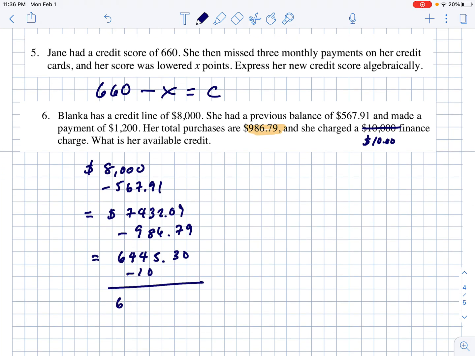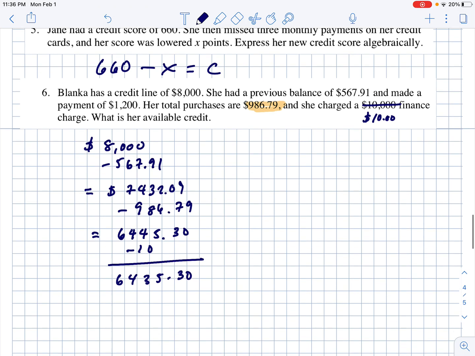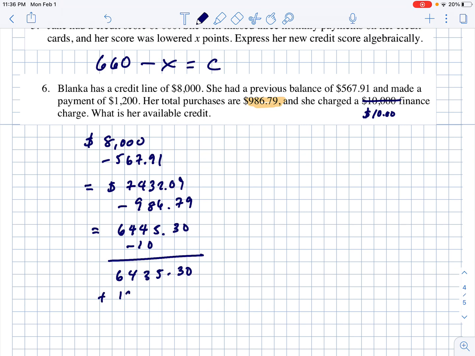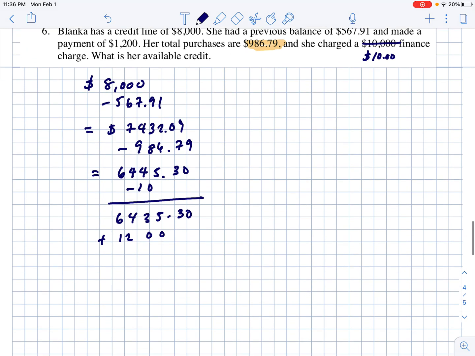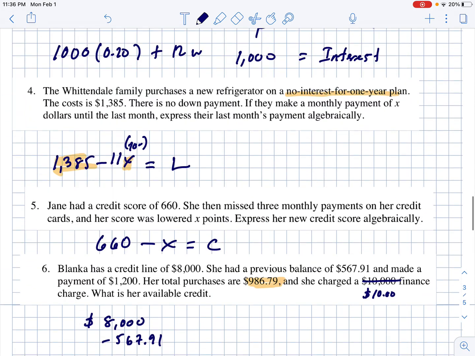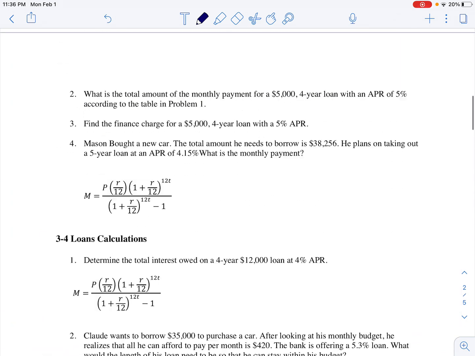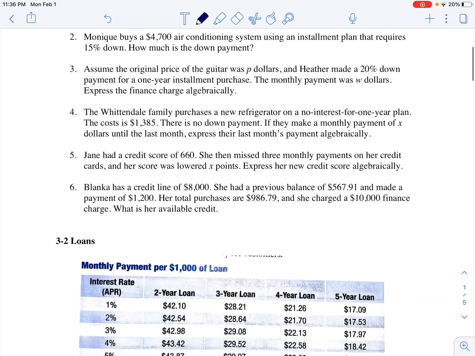Okay, so 6435.30, but she made a payment of $1,200. Okay. So the available credit is $767,635.30. Okay, sorry about that one. Okay, so that's the first one.